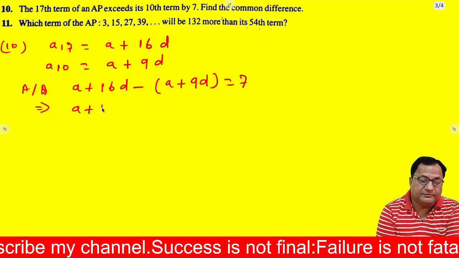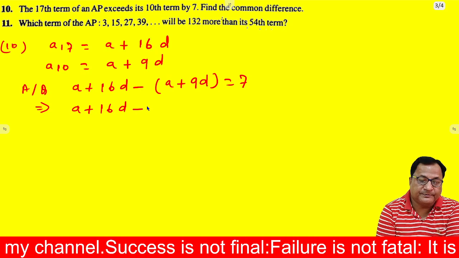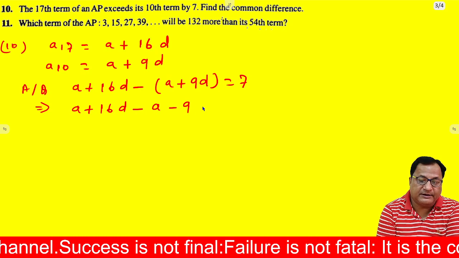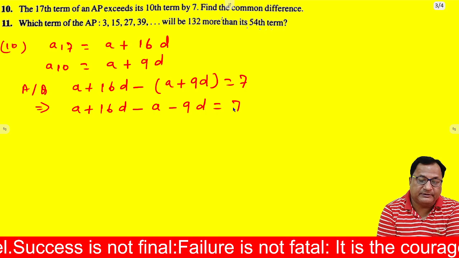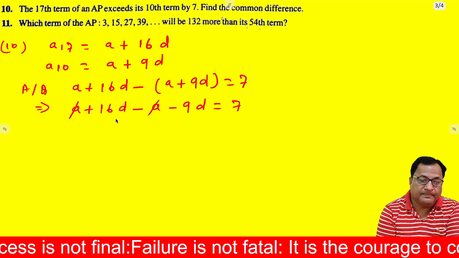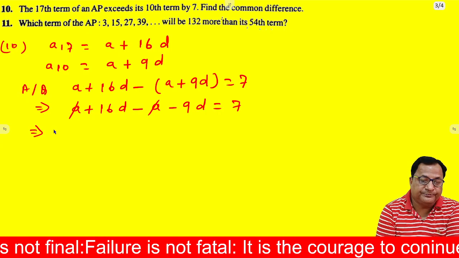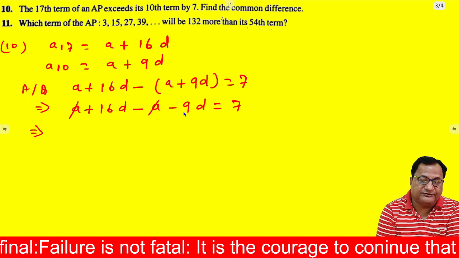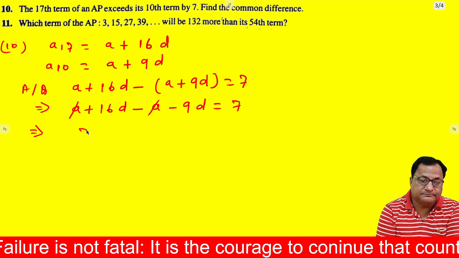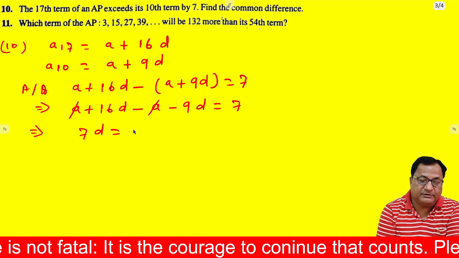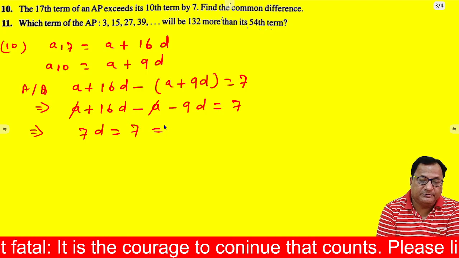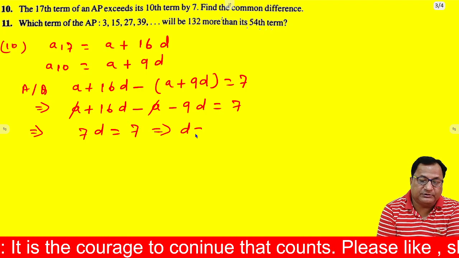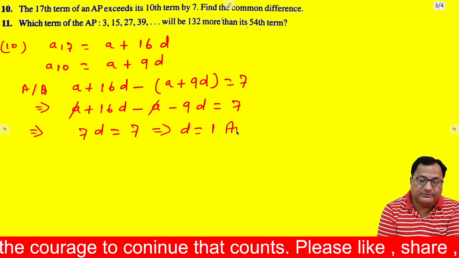A plus 16D minus A minus 9D equal to 7. 16 minus 9, 7D equal to 7. So D equal to 1. This is the answer.